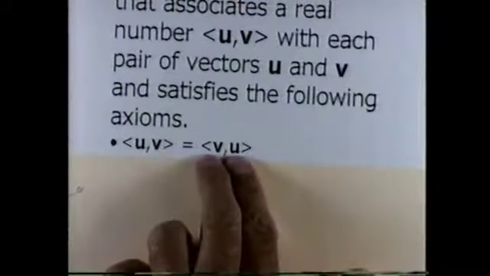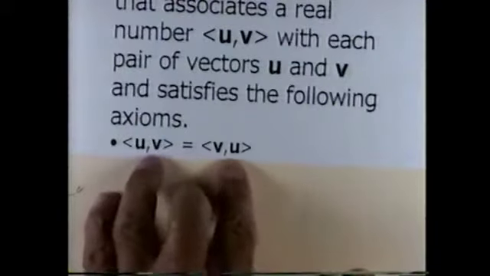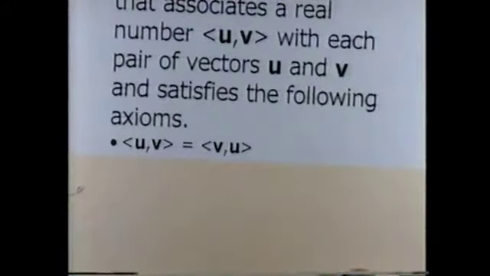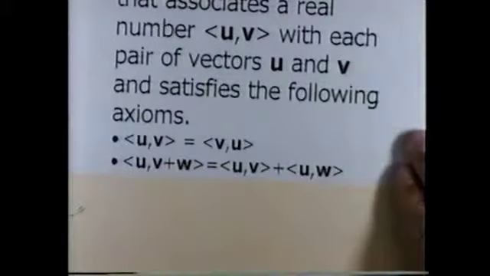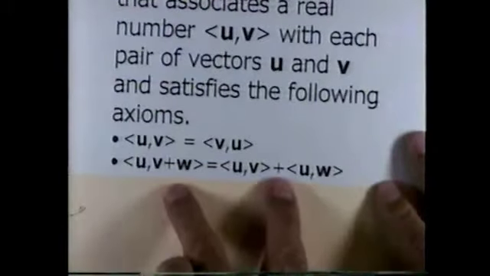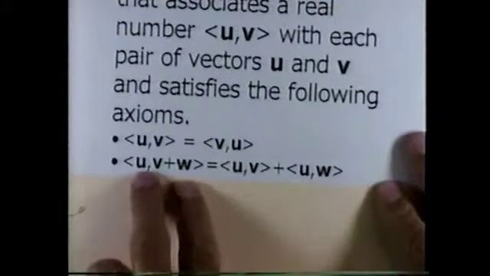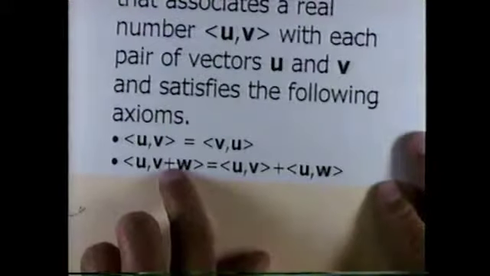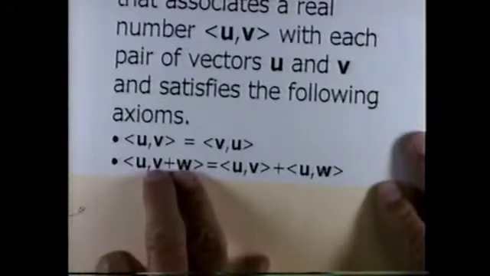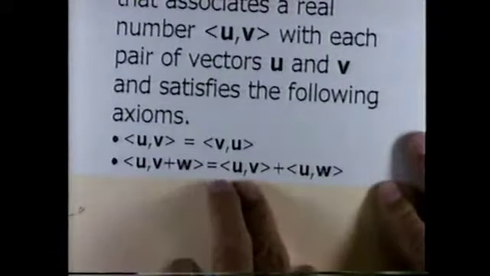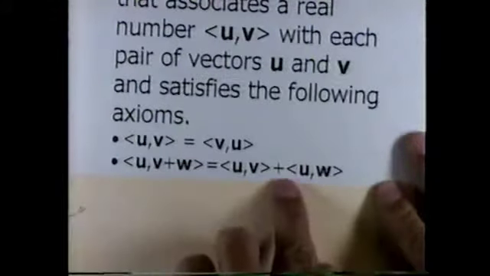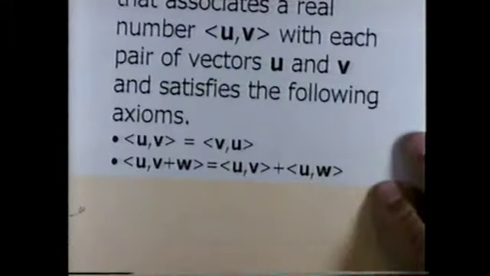<U, V> is the same as <V, U>. In other words, the inner product must be commutative. The inner product must be distributive over the vector addition. <U, V + W> is the same as <U, V> plus <U, W>.